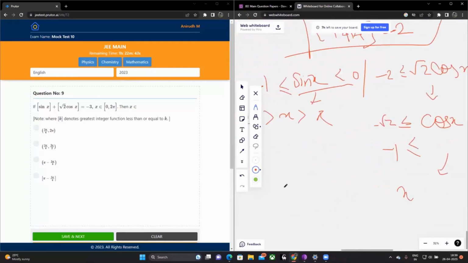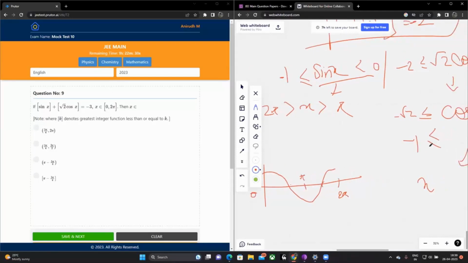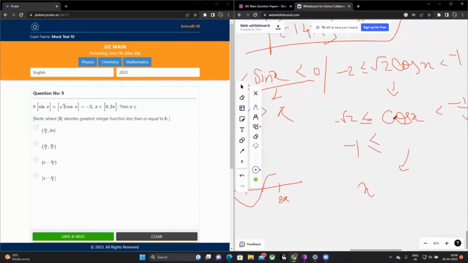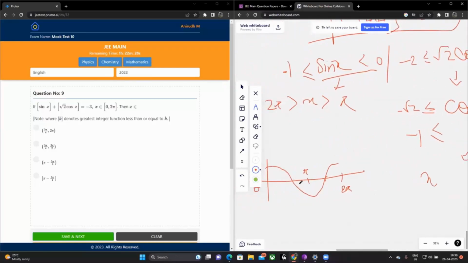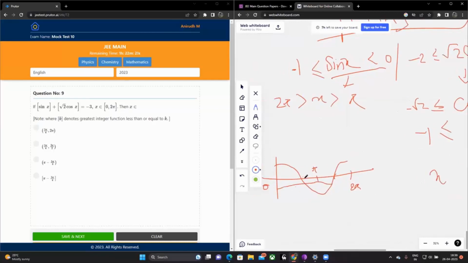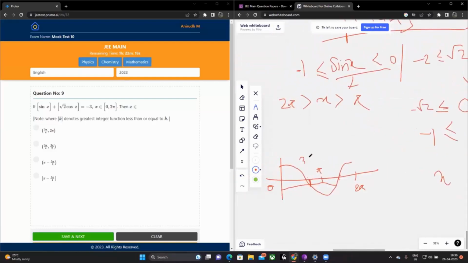I'll draw the graph for your convenience here. This is cos x up until 2 pi. I'm sorry for the unscaled graph. So you have cos x being bounded from -1 by root 2 to 1, and this -1 by root 2 occurs somewhere over here, where this value is 3 pi by 4, and this value is 5 pi by 4, right?